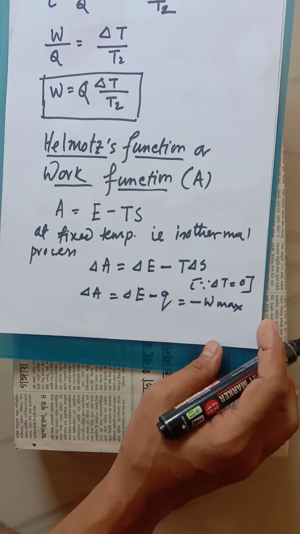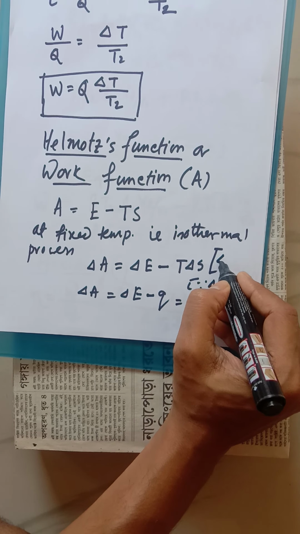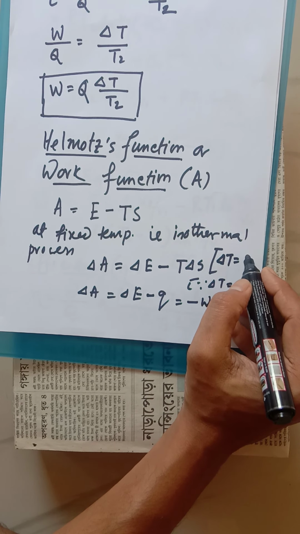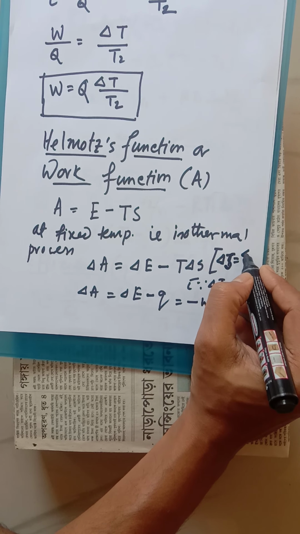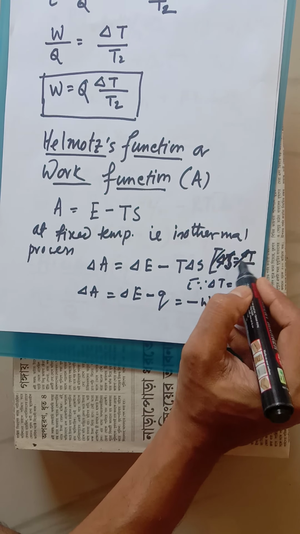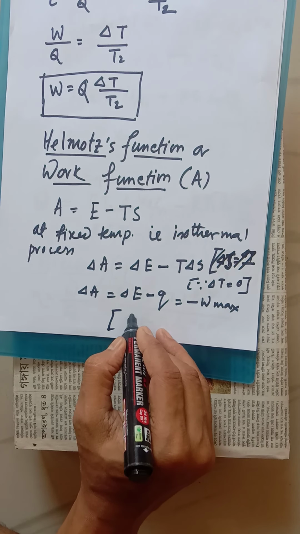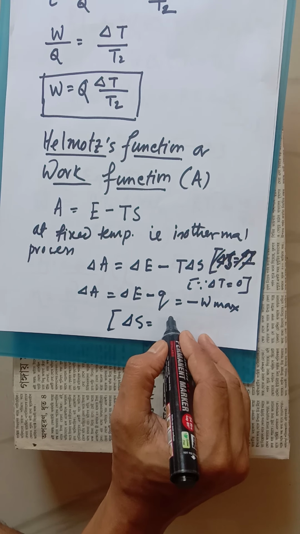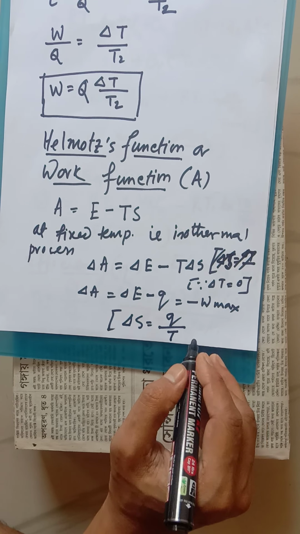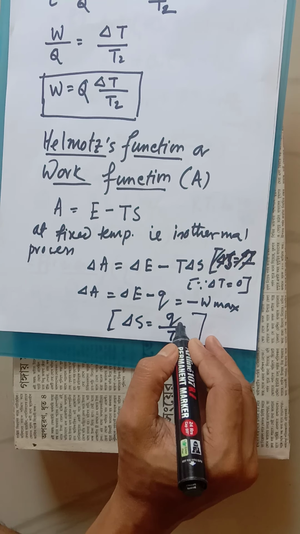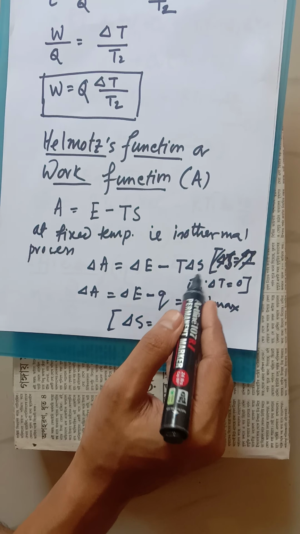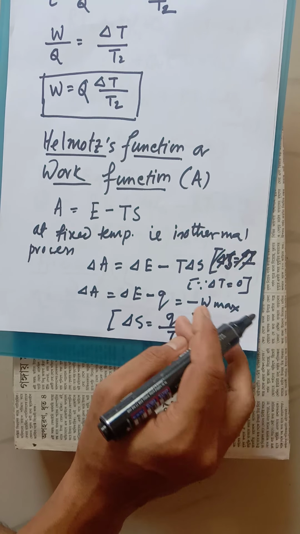It is very simple, and we all know that delta S equals delta Q by T. So obviously from this equation delta Q equals T delta S. In place of T delta S I have replaced Q, so it becomes W max.